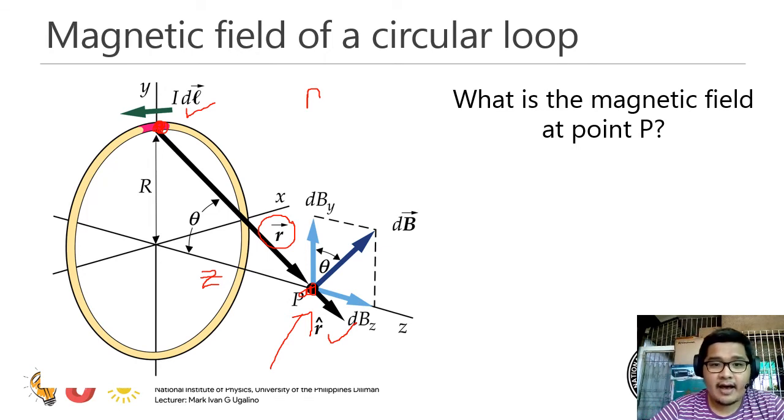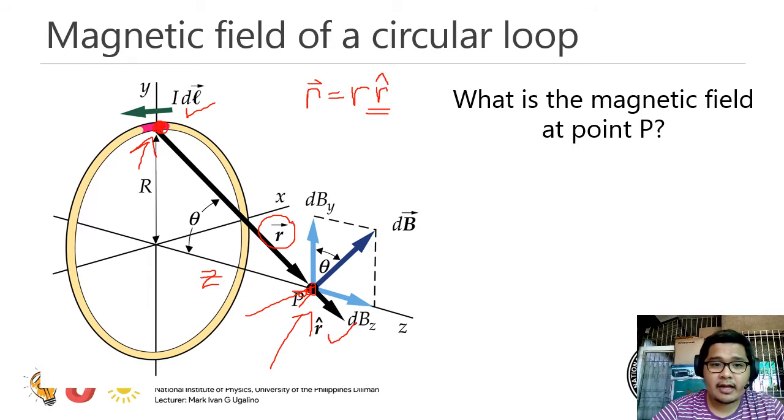Here, the r vector is defined as some r, which is the magnitude of that vector, multiplied by the unit vector r hat, which defines the direction of your r. Of course, this r is just a vector that is pointing from your source point towards your field point.